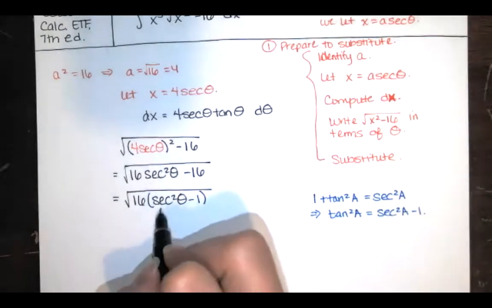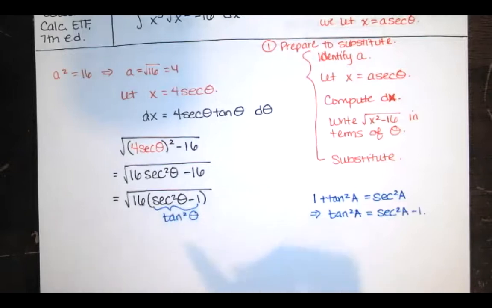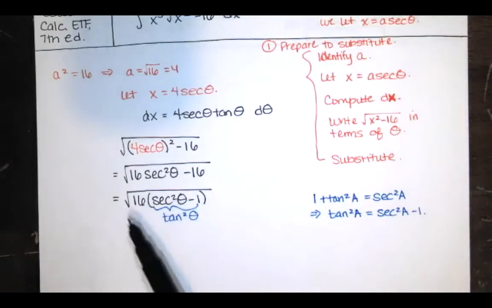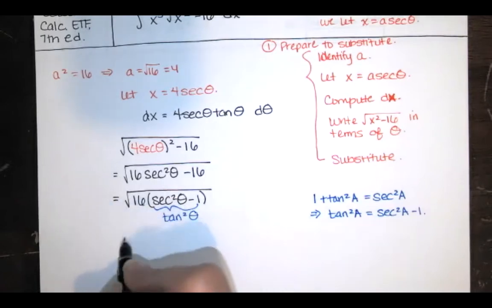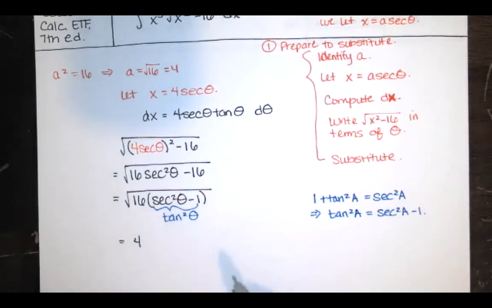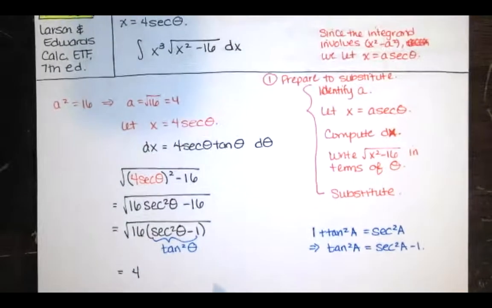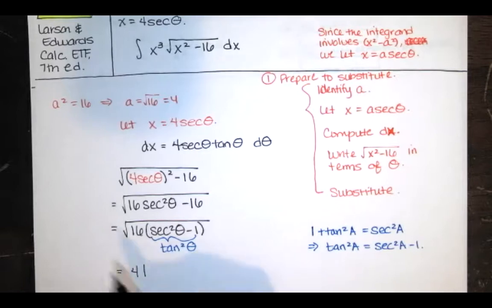So this is actually tangent squared of our angle, which is theta in this case. And in general, you would just take the square root of this and the square root of this. So we would get the square root of 16, which is 4. And then we'd have the absolute value of tangent of theta, since the square root of tangent squared is the absolute value of tangent of theta.